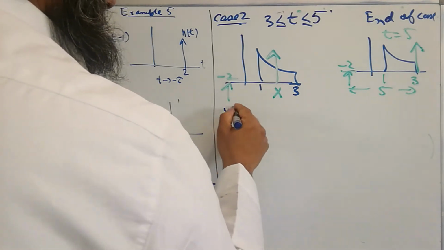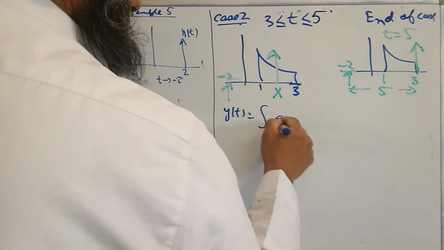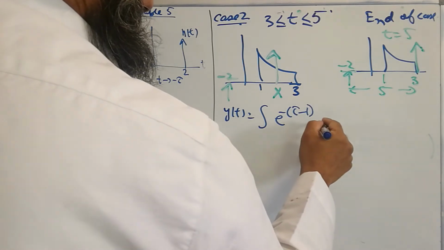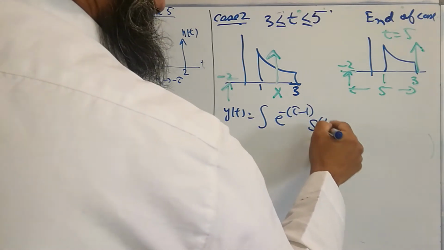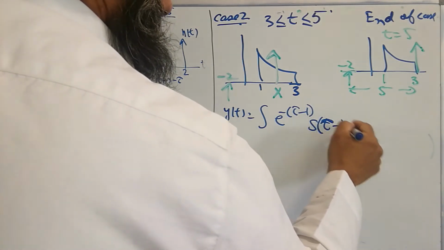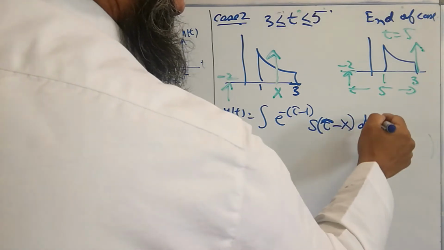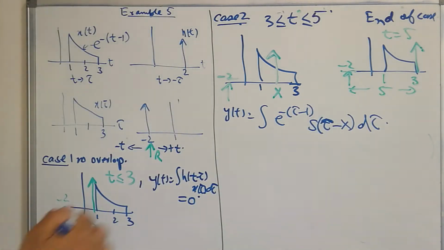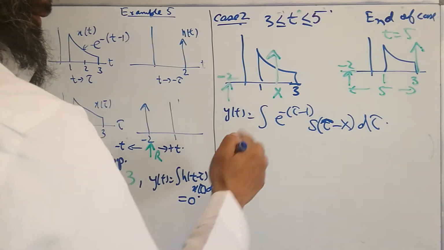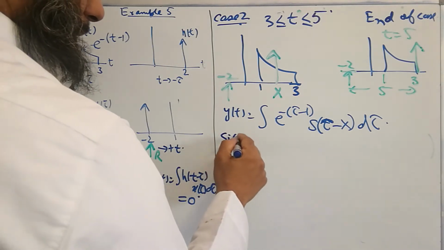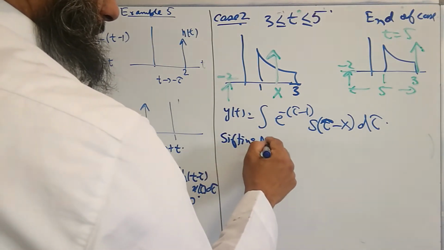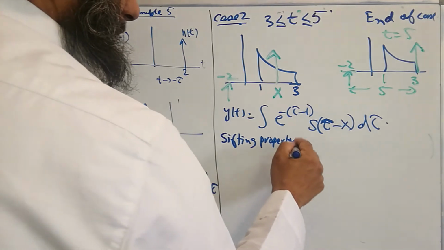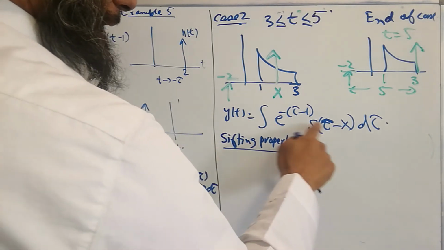So my y of t will be just the integral of x with the impulse, d tau. Now, to evaluate this integral, we use a property called the shifting property, which is a very simple property, and we can evaluate all the integrals with the delta function.